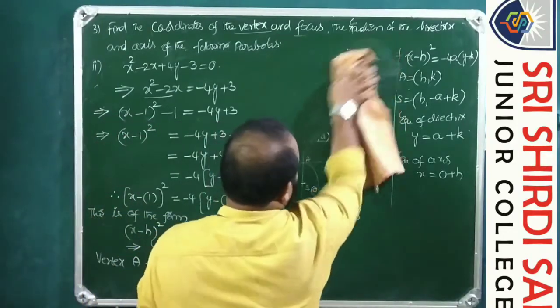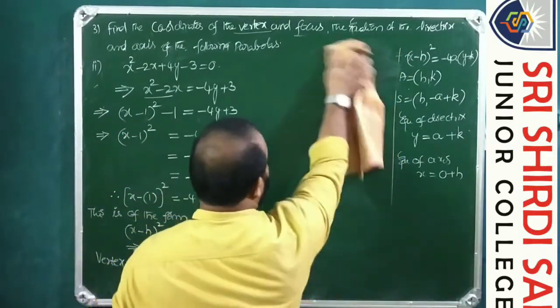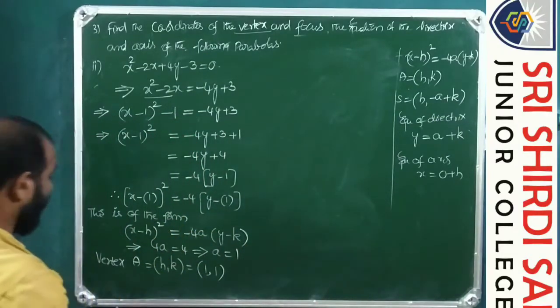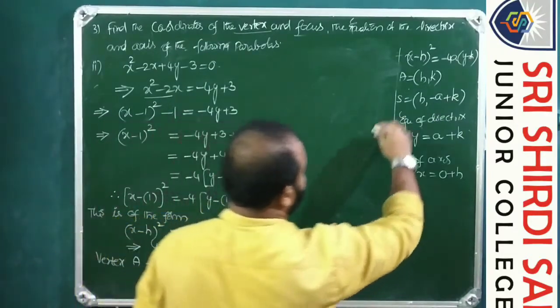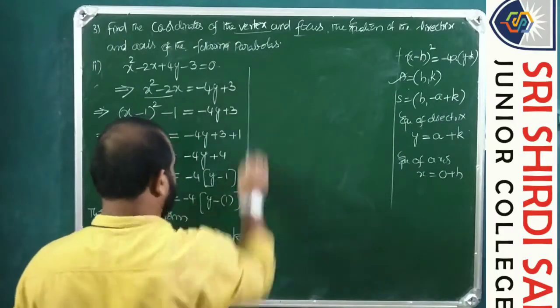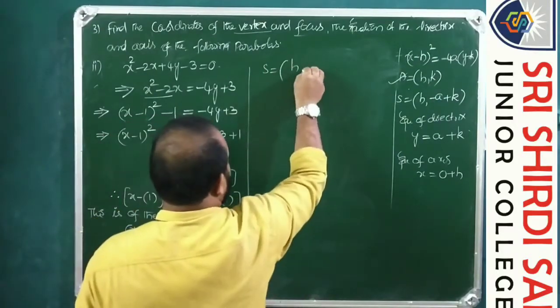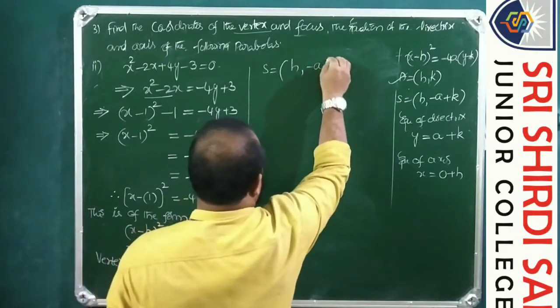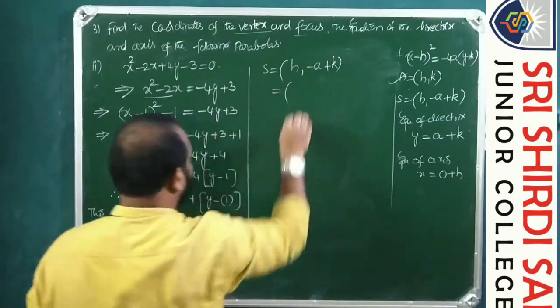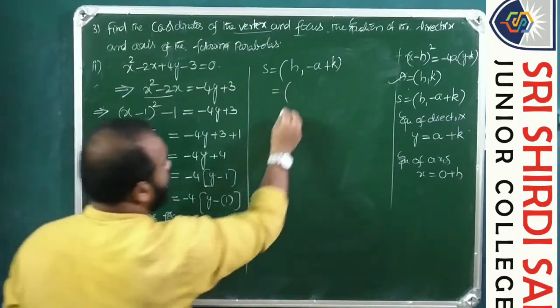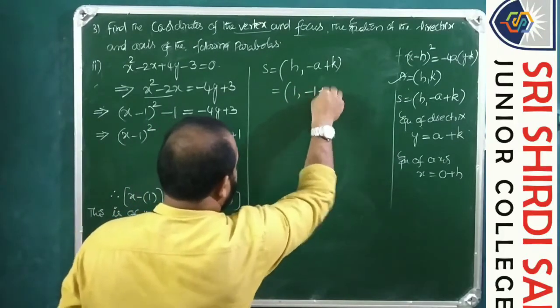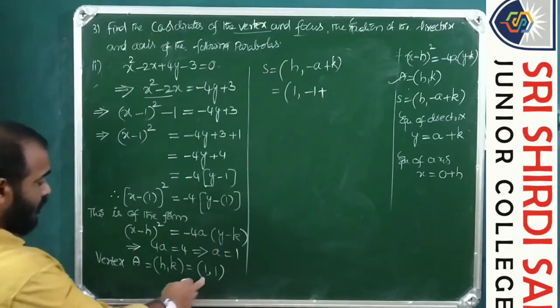So I am rubbing all these things out and see this. The vertex is already found, and the focus S equals (h, minus a plus k). h is 1, minus 1 plus k, which is 1, gives 0.